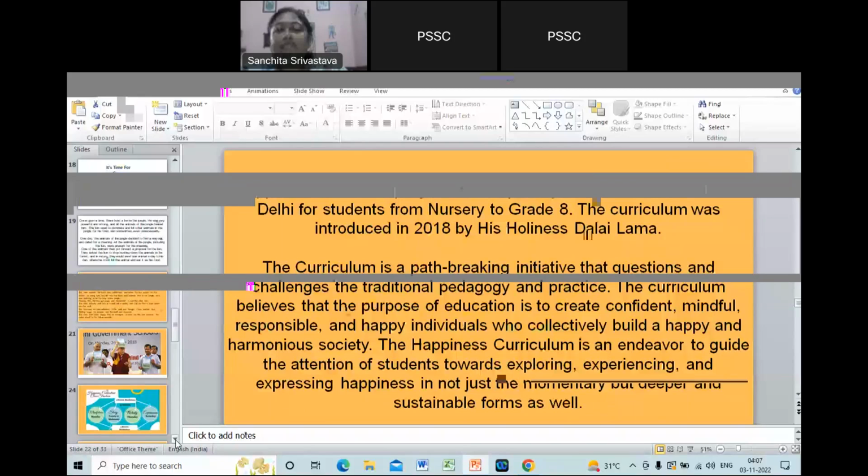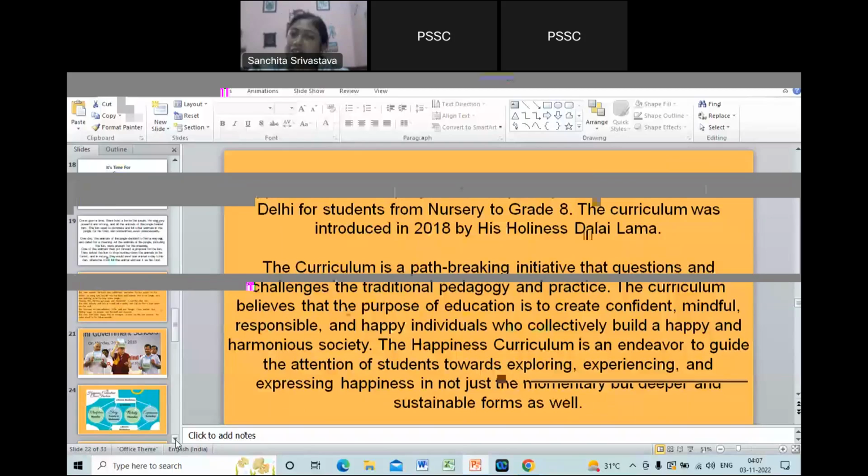Then deeper happiness. Deeper happiness means what? Something that goes deep in. Some activities that you like to do, something that makes you happy. So that is the deeper happiness. Okay. And finally, the sustainable happiness.